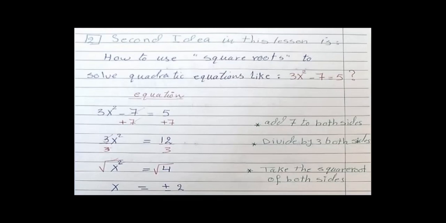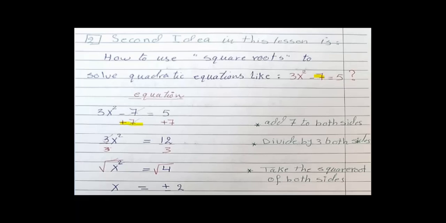Okay, the second idea in this lesson is how to use square roots to solve quadratic equations like this one. Here, as you can see, we have another number and a number multiplied by x squared also. We have to solve it as a normal equation.